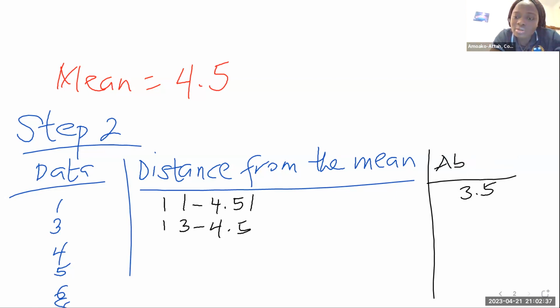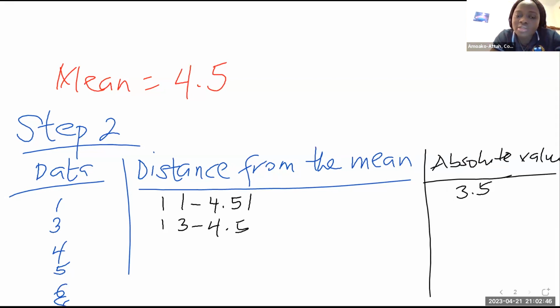That's the absolute value. I know the absolute value of even a negative number is a positive value. So we have 3 minus 4.5, and you're getting 1.5.